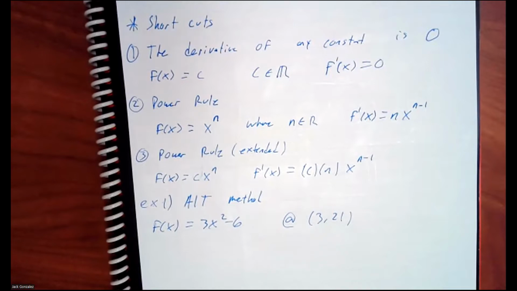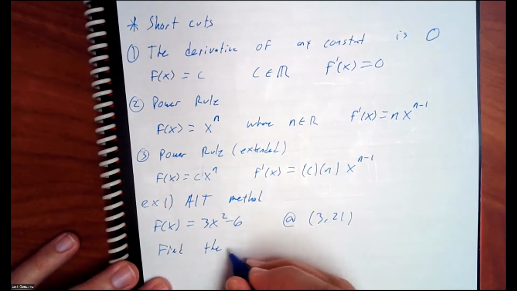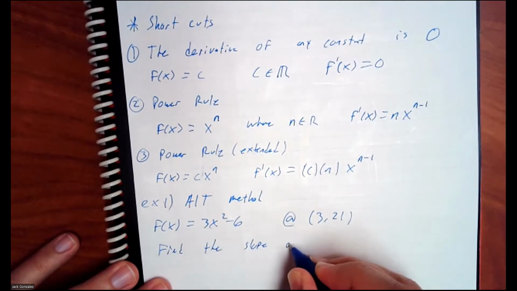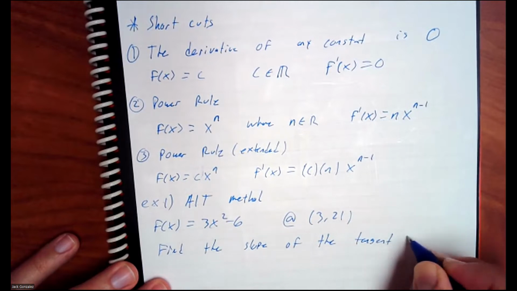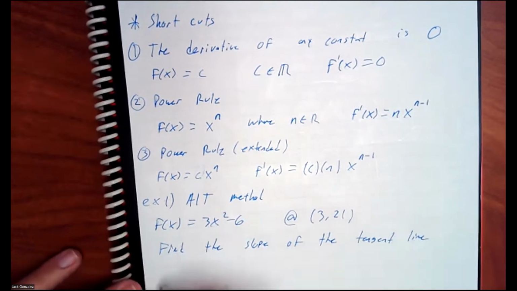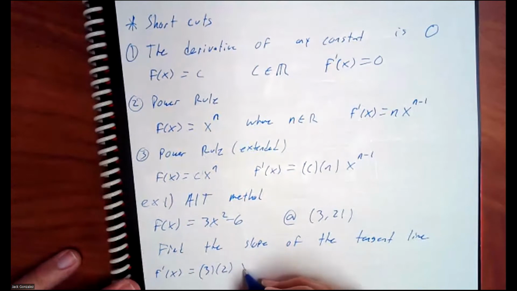Okay. So if we use the rules, oh, and the instruction said find the slope of the tangent line. So the derivative will be, right, you bring the 2 down, subtract 1 from the 2.